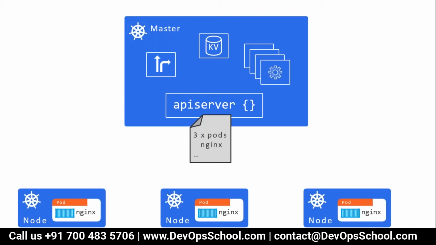So the API server compares the data you have in the database, which is the desired state, with the actual state reported by the controller manager. If there is a mismatch, the API server says, okay, I want 3 pods to be created.